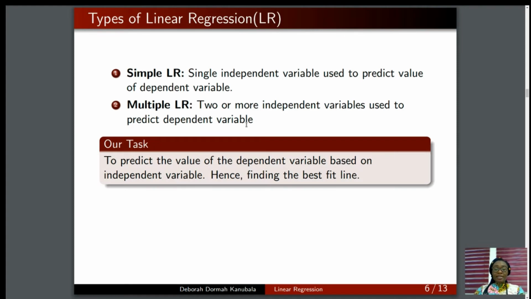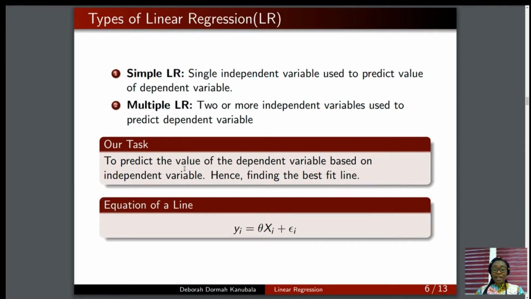The task of a linear regression is to be able to predict the value of the dependent variable based on an independent variable. Basically, we are interested in finding the best fit line. This best fit line is just the equation of a line, which is given as yi equals theta xi plus epsilon i, right?